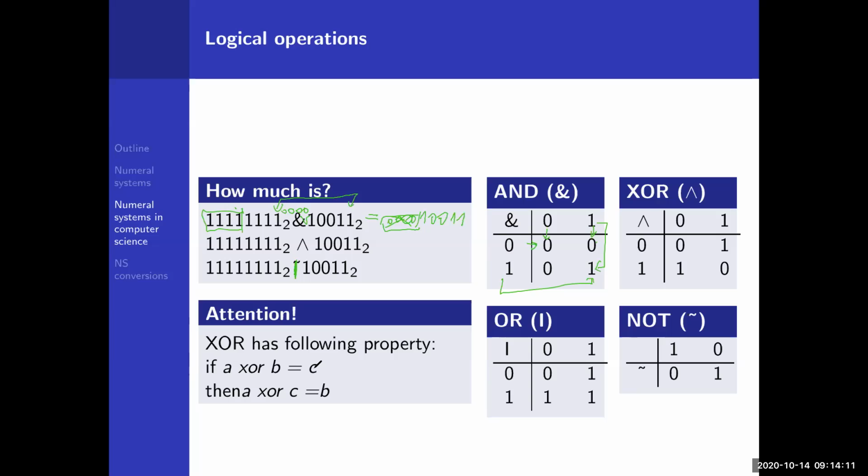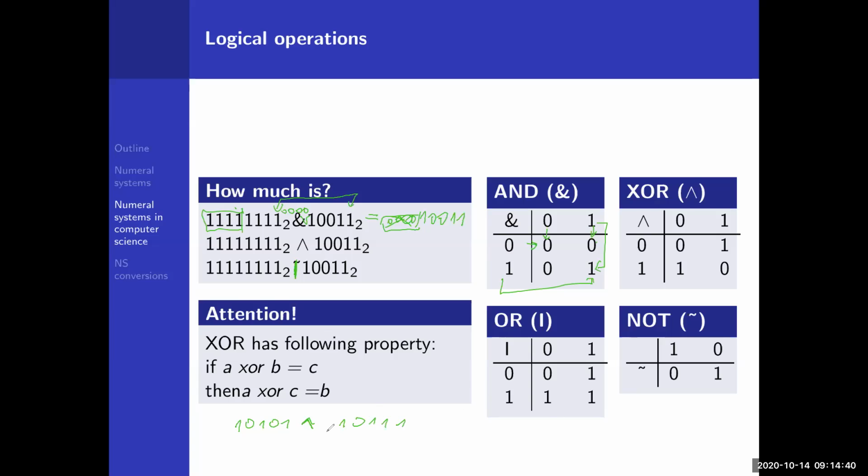Okay. I'd like to draw your attention to XOR. XOR is commonly used in computer graphics. It has a very interesting property. So look. Let's say that I'd like to calculate A XOR B. Let's say that A is 10101 and B is 10111.